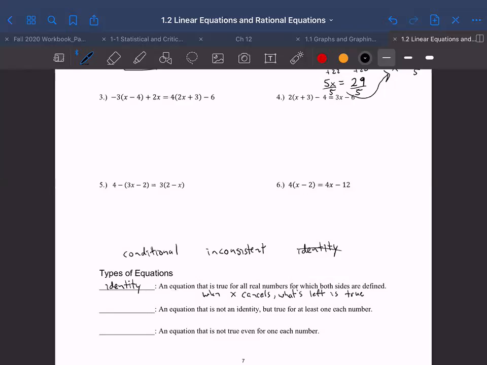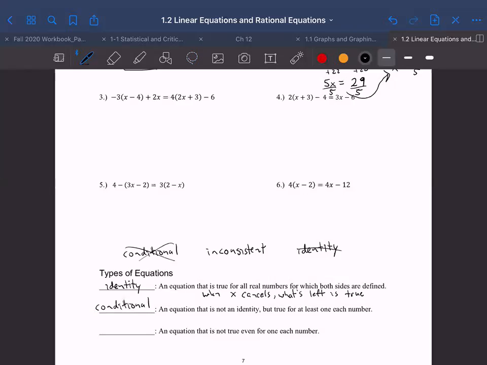The next type that you can have here, it says, is an equation that is not an identity, but it is true for at least one number. That is conditional. In fact, I might just copy this. That is a conditional one. Okay? So that's conditional.